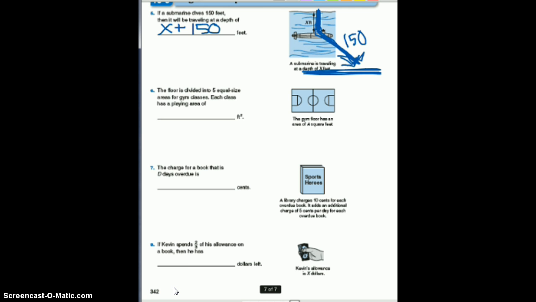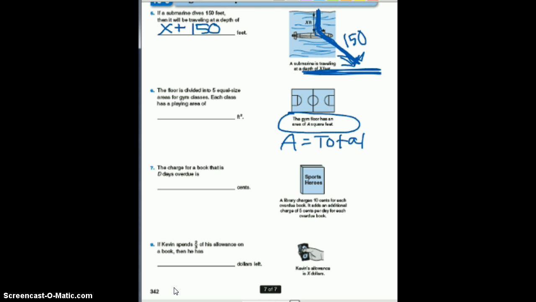Number 6, the floor is divided into 5 equal size areas for gym class. Each class has a playing area of blank square feet. Well, what is the size of the gym that they're going to split up? So if we look over here, we go, oh, it's A. That's the total. A is the total amount.